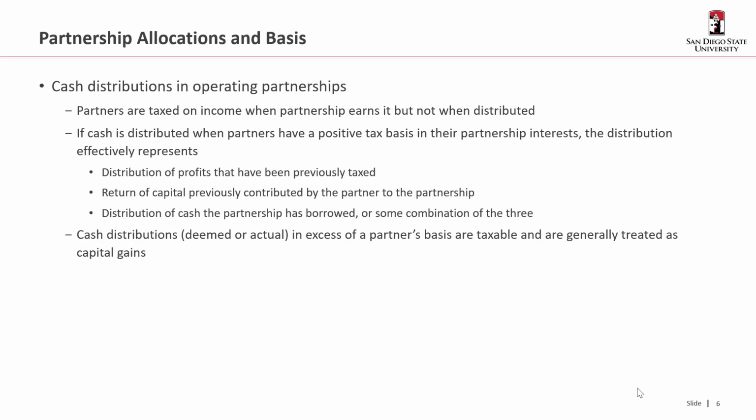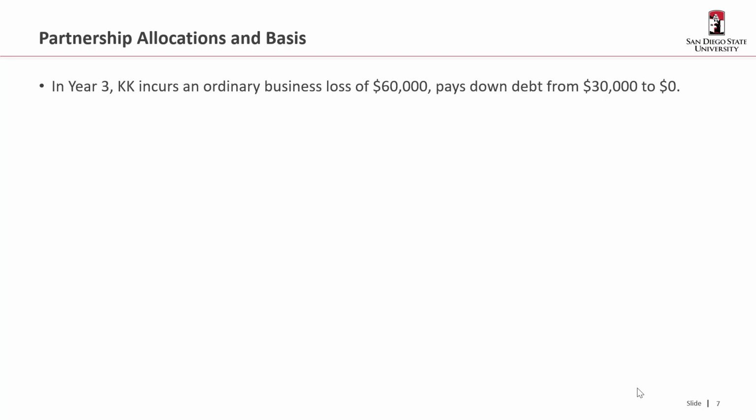If cash is distributed when partners have a positive tax basis in their partnership interest, the distribution effectively represents a distribution of the profits that have been previously taxed, or a return of capital of cash previously contributed by the partner to the partnership, or a distribution of the cash the partnership has borrowed, or of course some combination of those three. And cash distributions that are either deemed or actual in excess of the partner's basis are taxable and generally treated as capital gains.